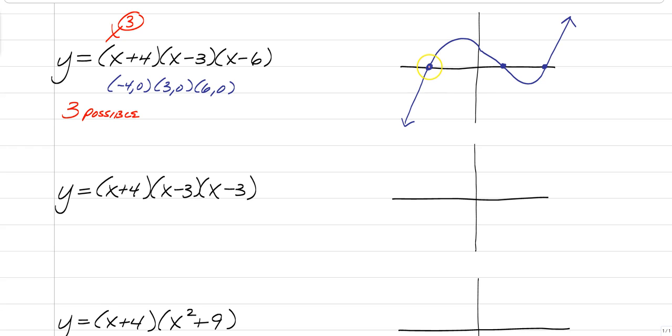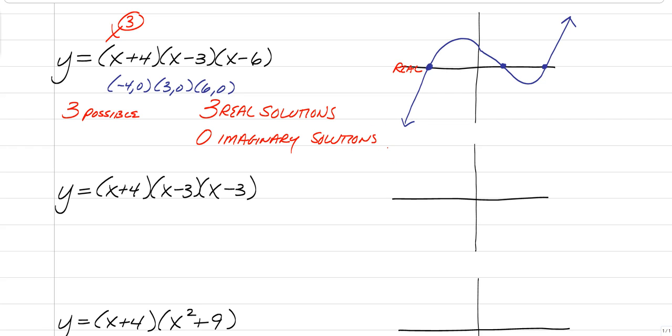So we see that it crosses the x-axis once, twice, 3 times. Whenever it touches the x-axis, that's how many real solutions you have. So this one has 3 real solutions, which means it has 0 imaginary solutions.